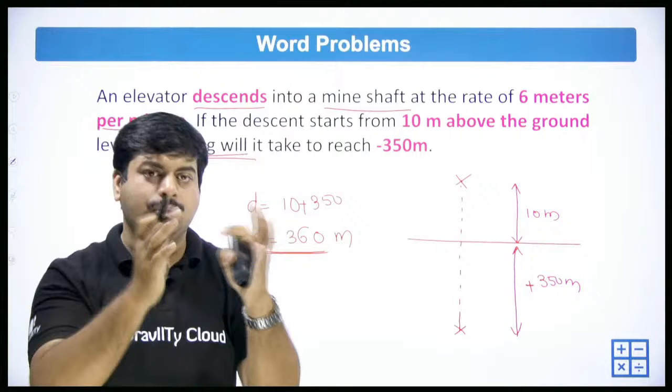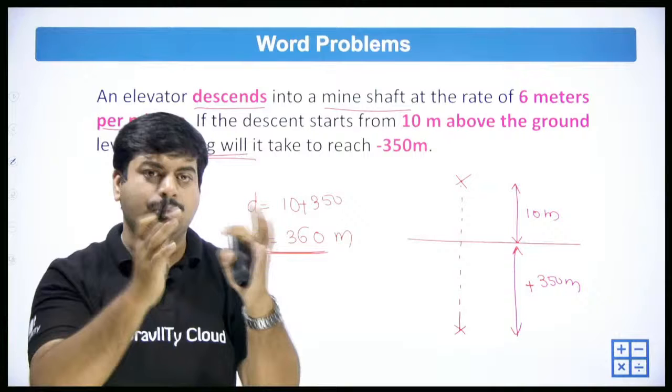For 1 minute, let us say we are going at 6 meters. Then for 360 meters, how much time are we taking? Let me take this duration as x. So how to calculate this? You need to cross multiply. 1 into 360, which is 360, is equal to x into 6.